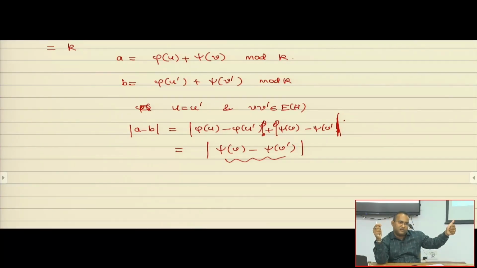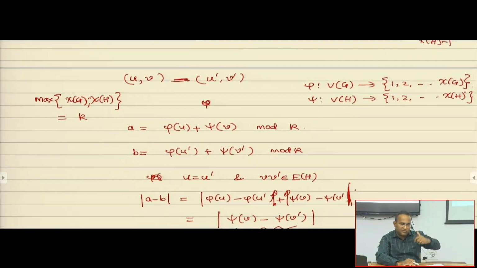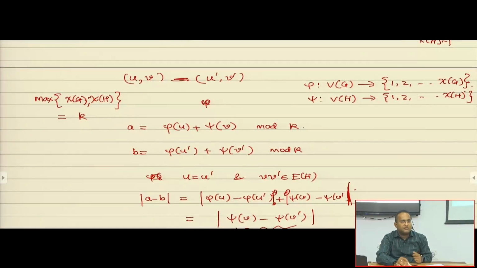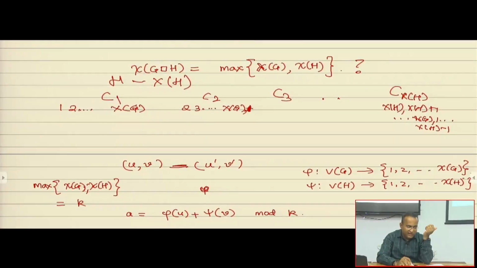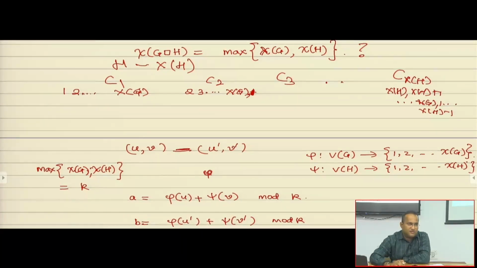Because of that, we are able to color the vertices using k colors only, that is the maximum of chi of g and chi of h. So the chromatic number of this thing is at most k, and we have already seen that it is at least k. So chi of this thing is equal to k. Fine.